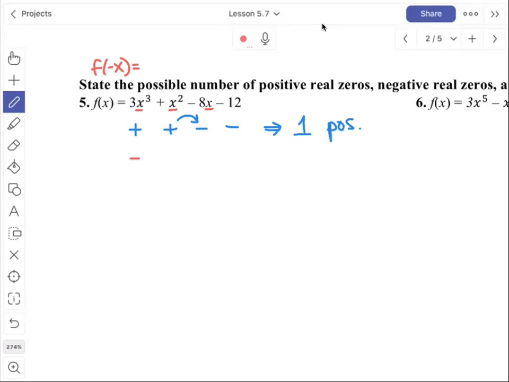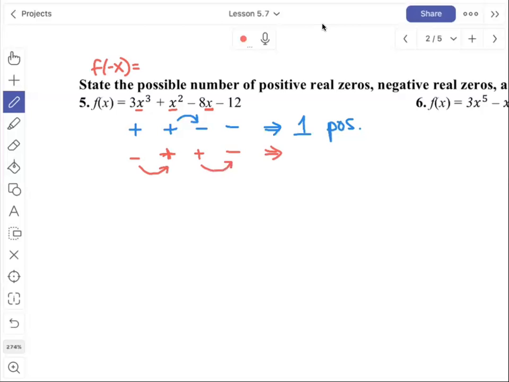This square would be positive. Plugging in negative x here would be negative 8 times negative x, so that's positive. And this negative 12 is still negative. So I can see I have 1 sign change here, doesn't change here, but it does change again here.